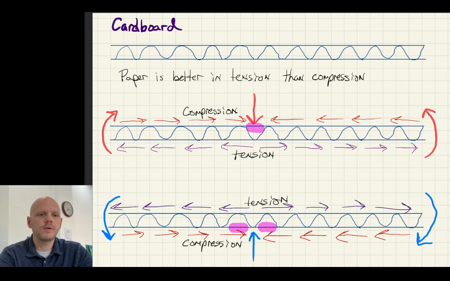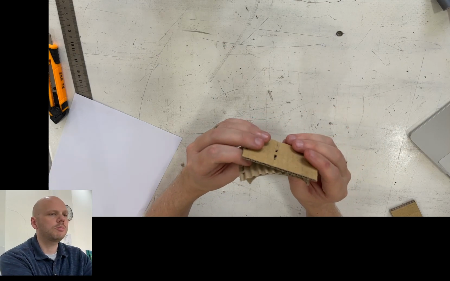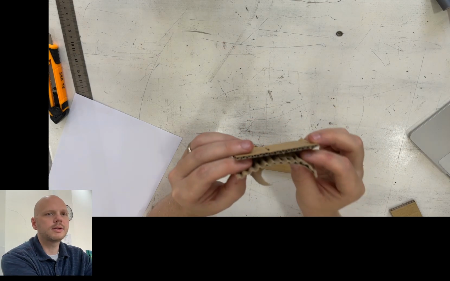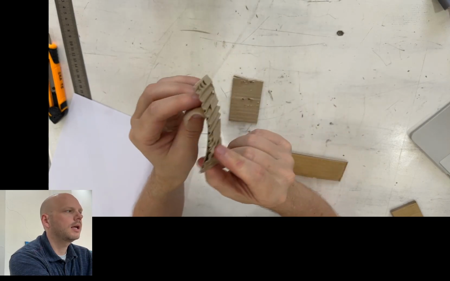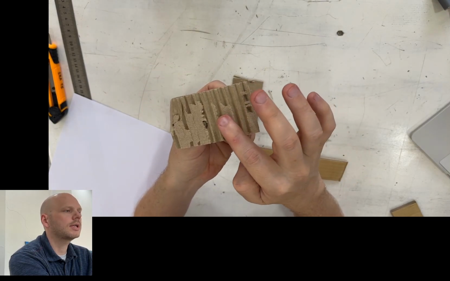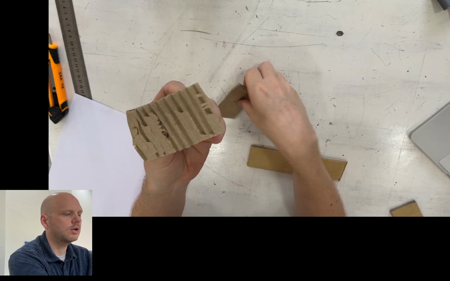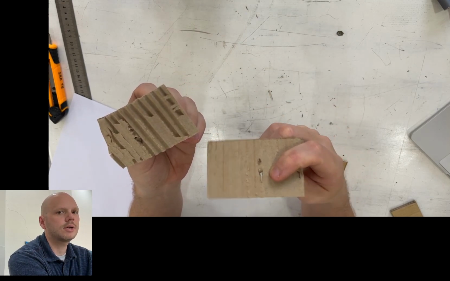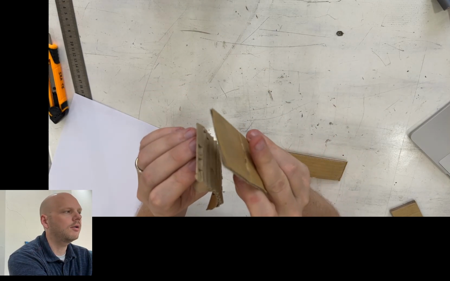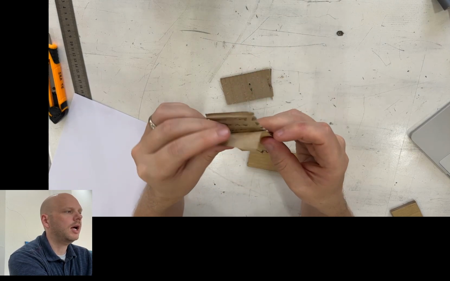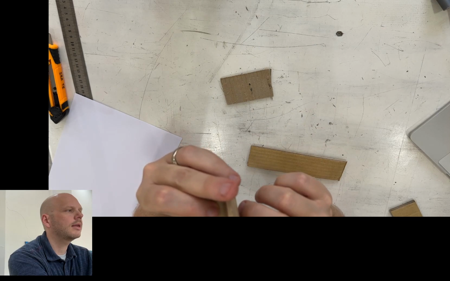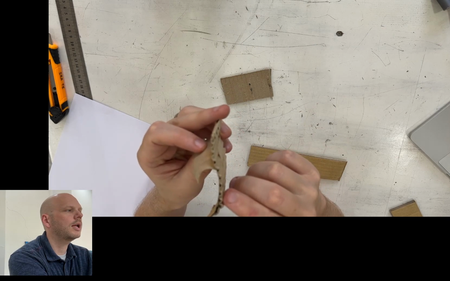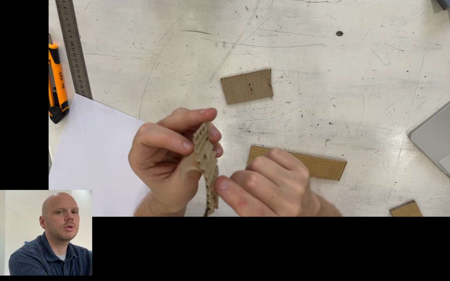If I jump back over here to this camera, you can see I've actually peeled this piece apart, and you can see that it's that corrugated piece that had previously been glued down to this center, that middle layer of paper. And then there's a top layer that you can peel off as well.